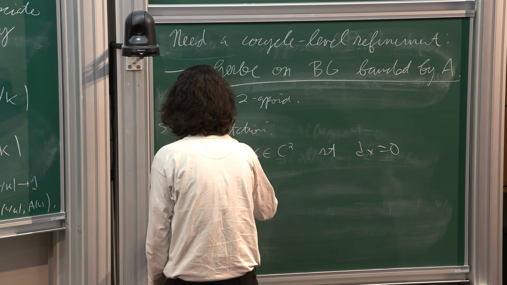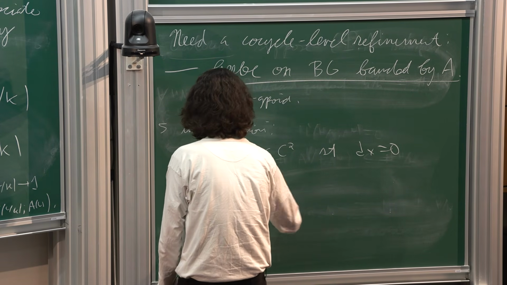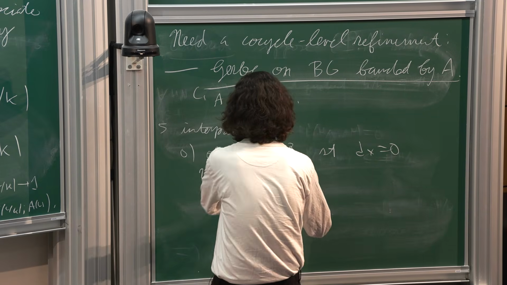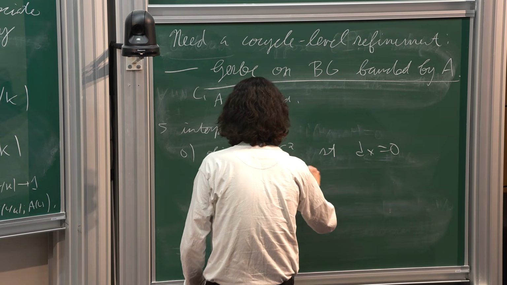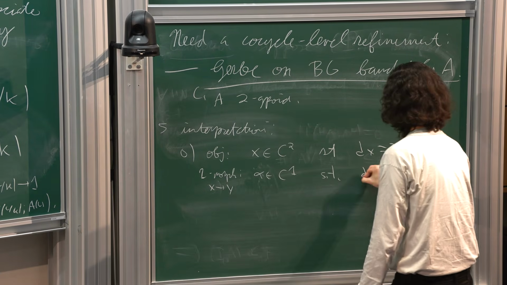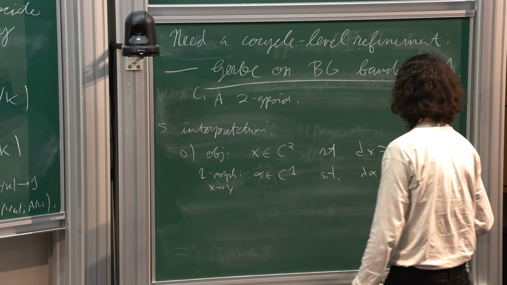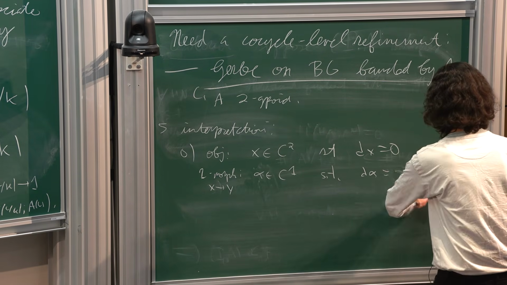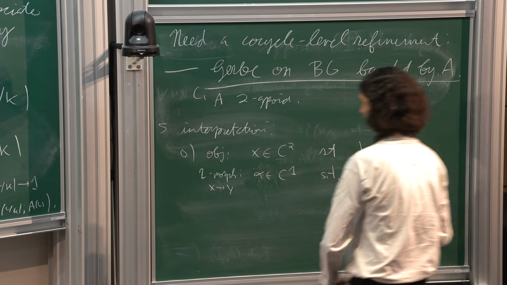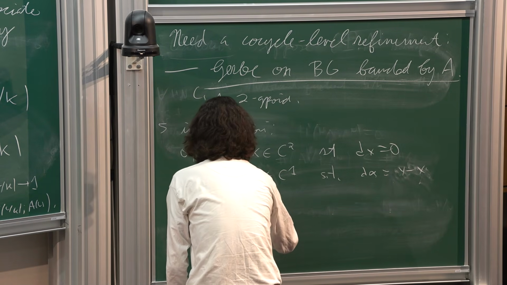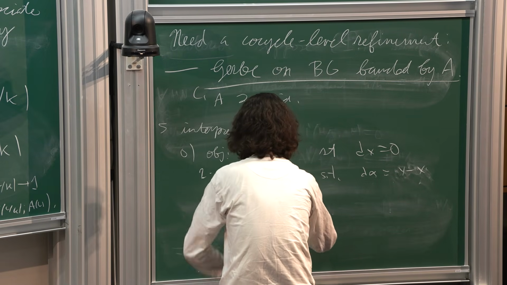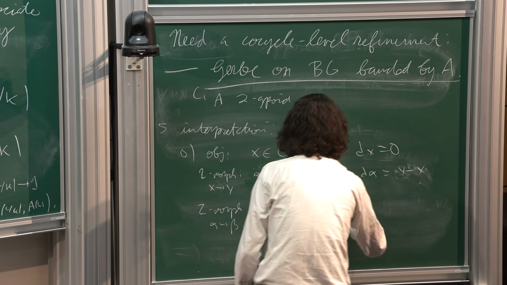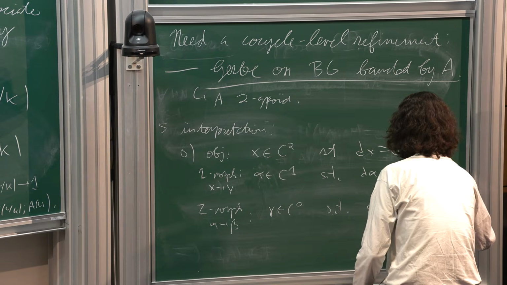A one-morphism between x and y would be an alpha in C1 such that d alpha is x minus y, or y minus x. Well, you have to choose some convention about how you're going to do these things. And then a two-morphism, alpha to beta, is a gamma in C0 such that d gamma equals beta minus alpha.